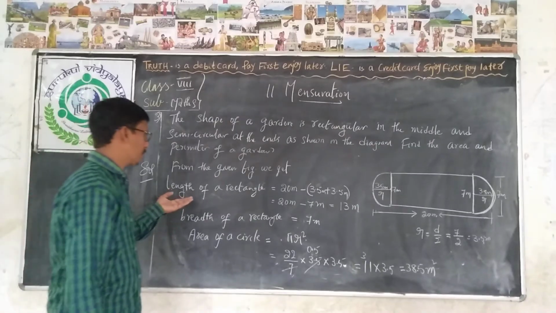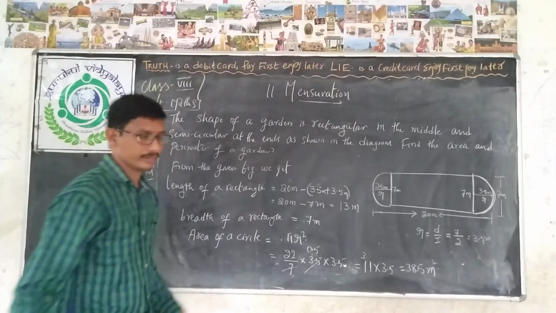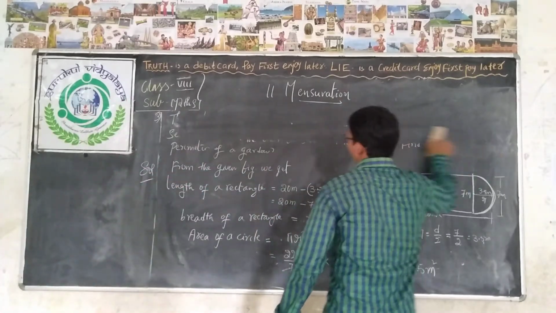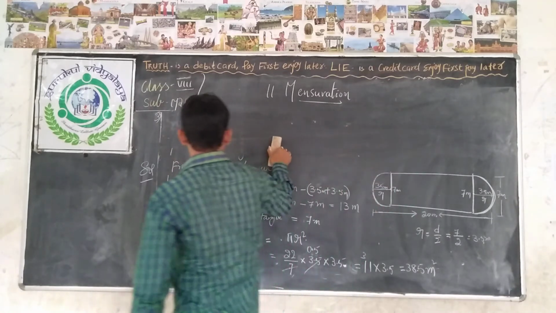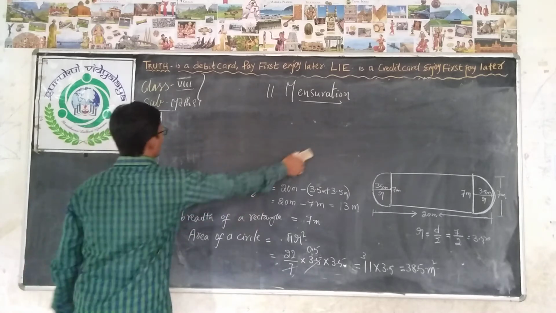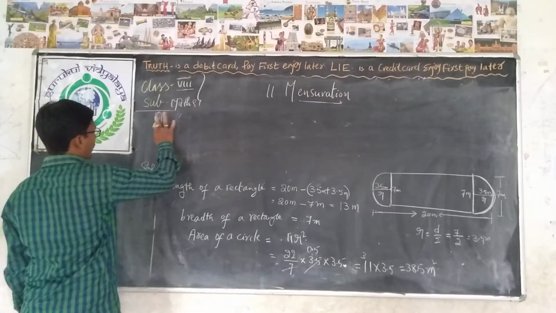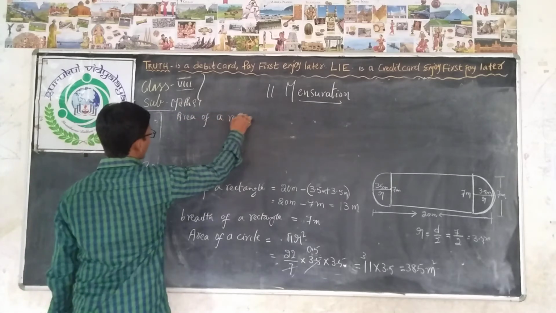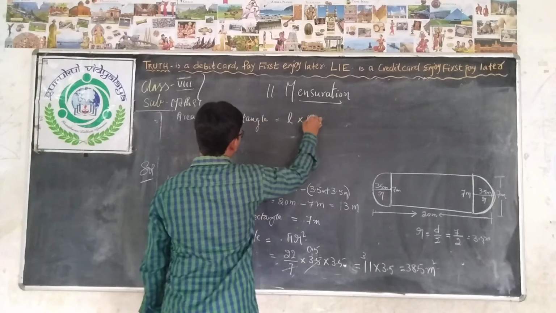So already you have the length and breadth of the rectangle. What is the area of a rectangle formula? Length into breadth. So the area of a rectangle is equal to length into breadth.